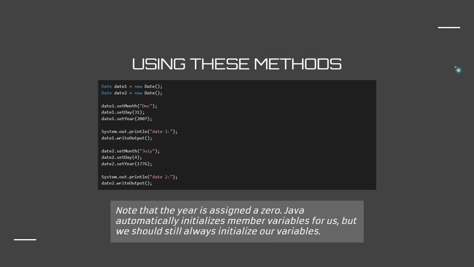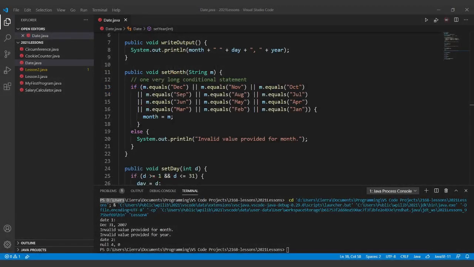So now we can use these methods. We did use them last time, but we are going to make a new file and use our new and improved methods on 2 date instances. So let's create a file called lesson4.java.